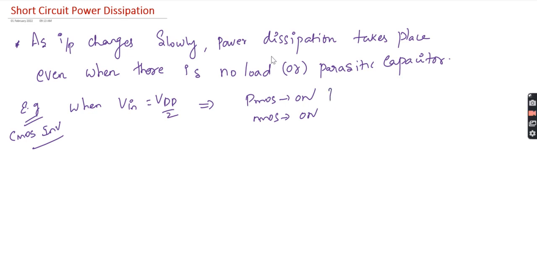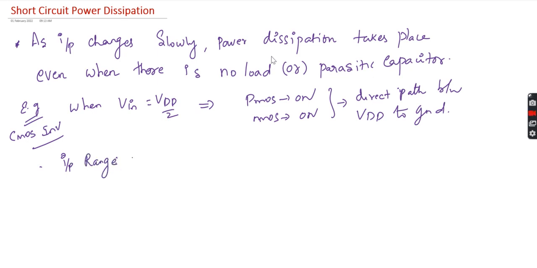If both are on, then there will be a direct path between VDD and ground. So this yields the current flow from supply to ground. This is called short circuit power dissipation.